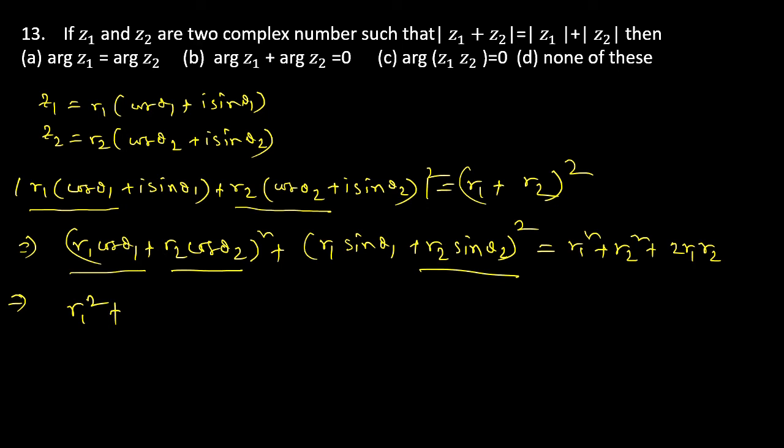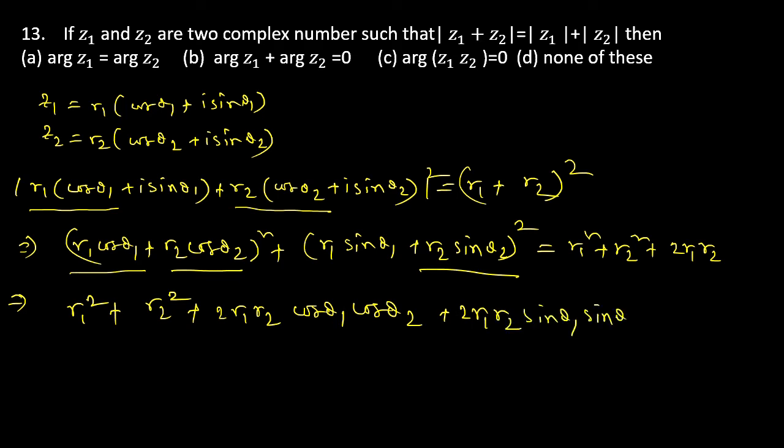Adding this, we will get r2 square plus 2 r1 r2 cos theta 1 cos theta 2 plus 2 r1 r2 sin theta 1 sin theta 2 equal to r1 square plus r2 square plus 2 r1 r2.